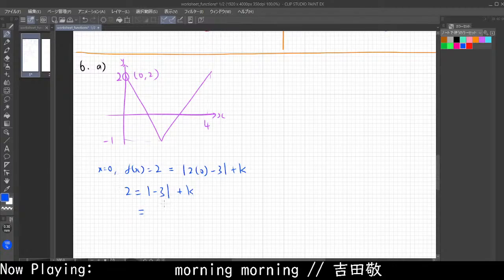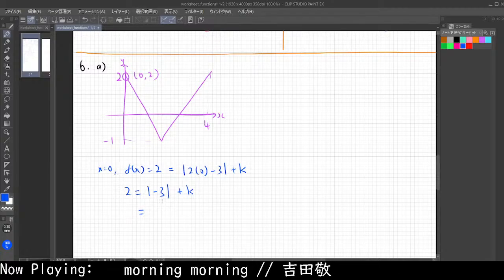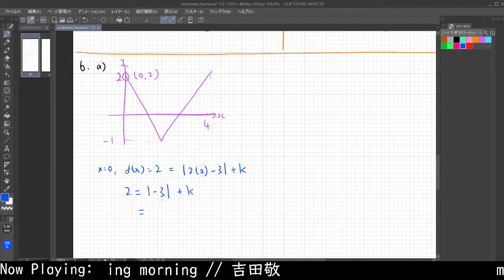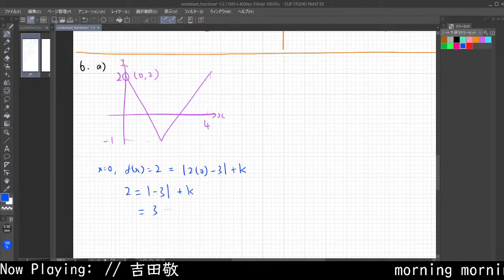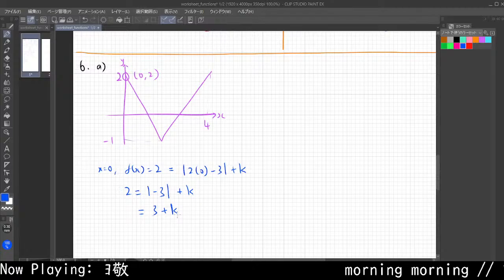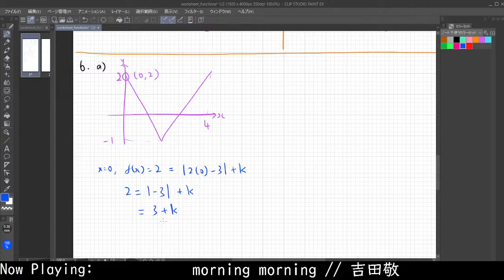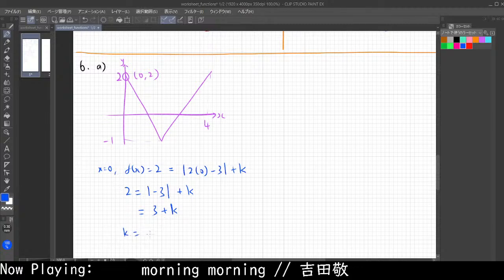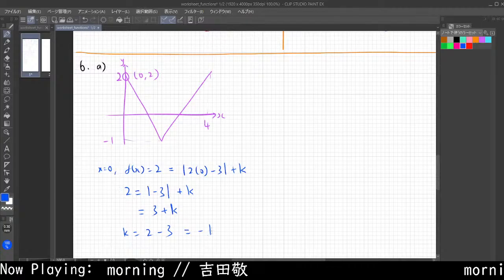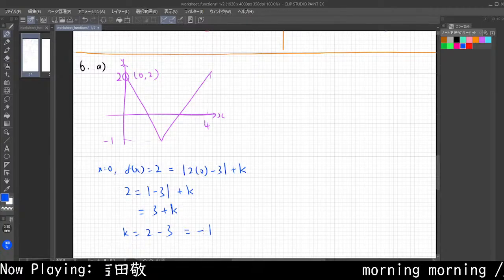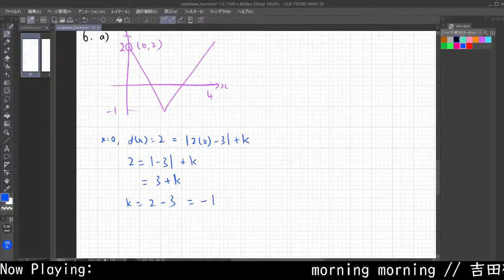The absolute value removes the negative sign, so negative 3 becomes 3, jumping out from the absolute value bars. 3 you can move over to the other side. k equals 2 minus 3, which is equal to negative 1. Okay, so there you have it, k is negative 1.